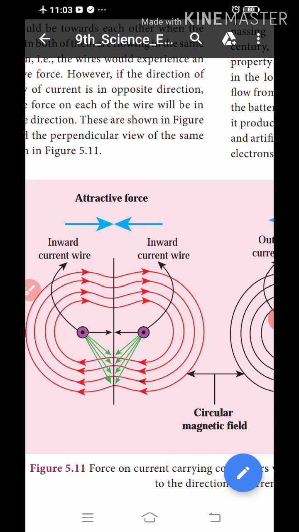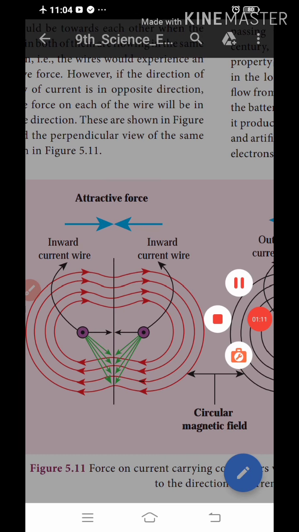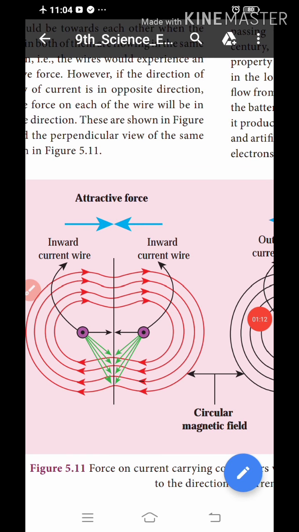In circuits, the electrons flow from the negative of the battery to the positive of the battery and constitute current. As a result, it produces a magnetic field in natural magnets and artificial magnets that we buy in shops.